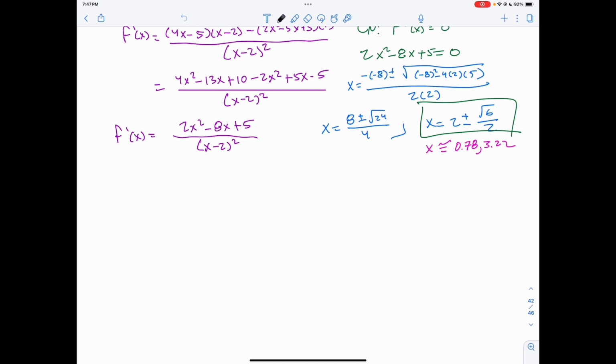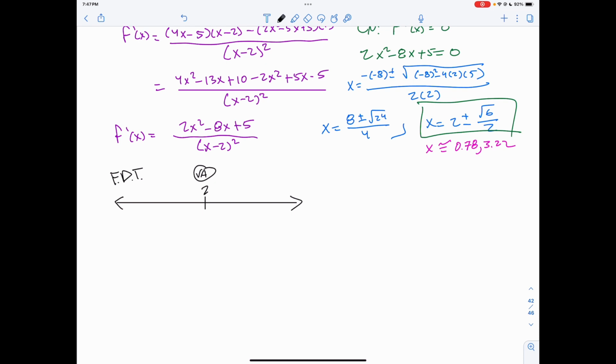All right, let's carry that forward to our first derivative test for that increase and decrease, local maxima, local minima. So we have a vertical asymptote at x is equal to 2. We know that if we try to solve critical numbers from the denominator, we would get that 2, except that is not part of our domain.